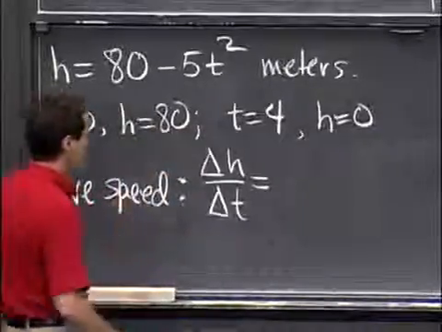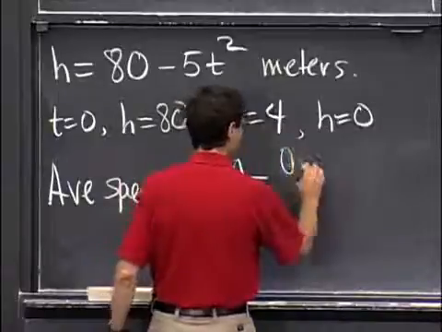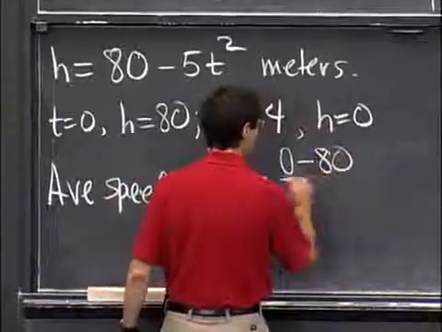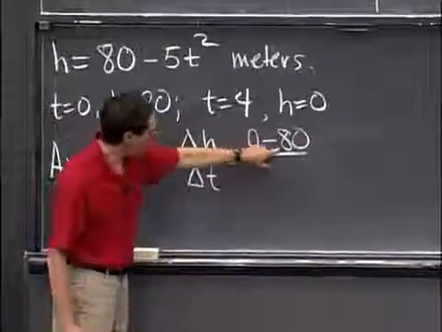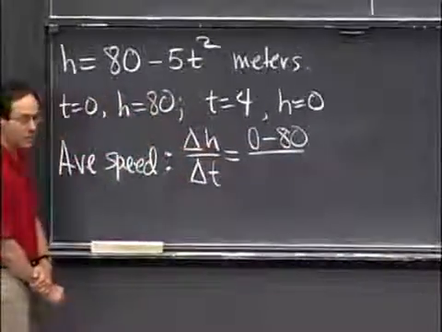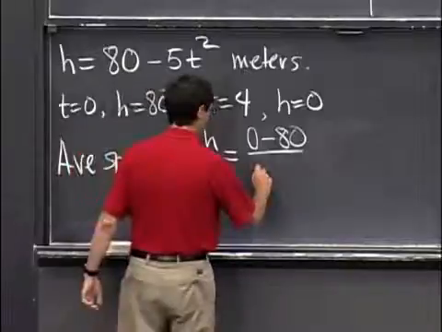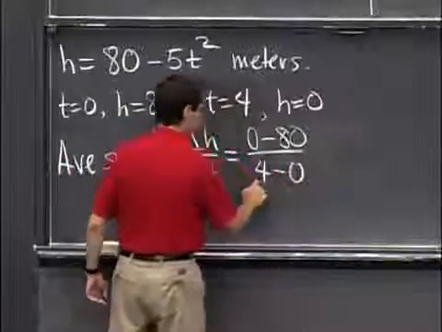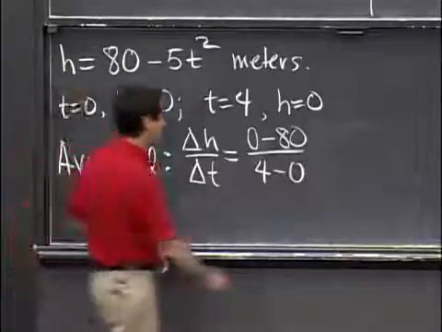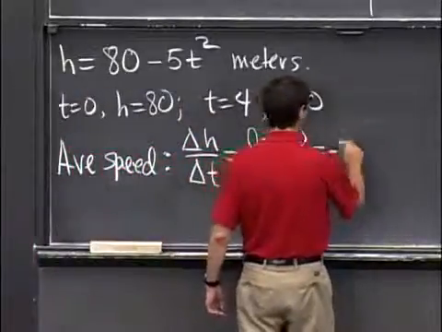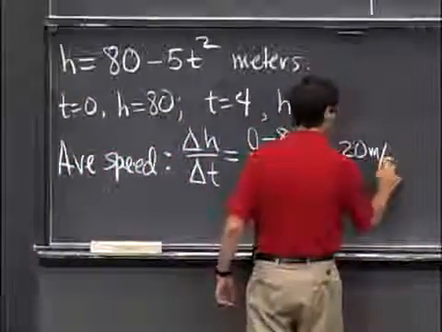So actually, we have to do it backwards. We have to take 0 minus 80, because the first value is the final position, and the second value is the initial position. And that's divided by 4 minus 0, time 4 seconds minus time 0 seconds. And so that, of course, is minus 20 meters per second.